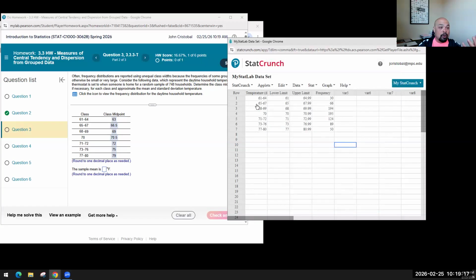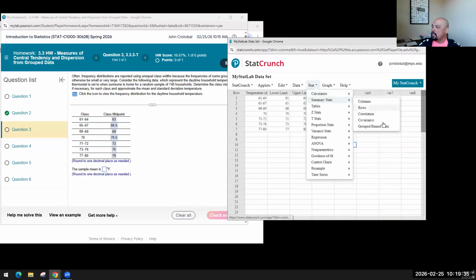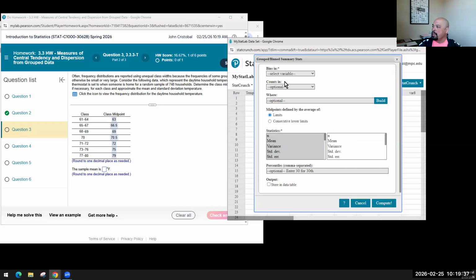Our actual bins, our groups, our classes are in the temperature column. I'm not going to use that lower limit, upper limit. That was helping us in our calculation. But we notice my temperatures, that's our classes. And then here's our frequencies. So now I go to stat, summary stats, grouped or binned data. Our bins are in the temperatures, the counts.